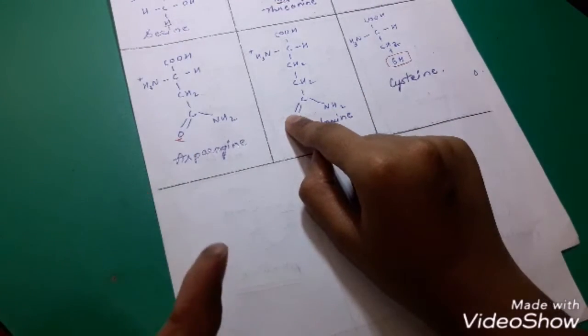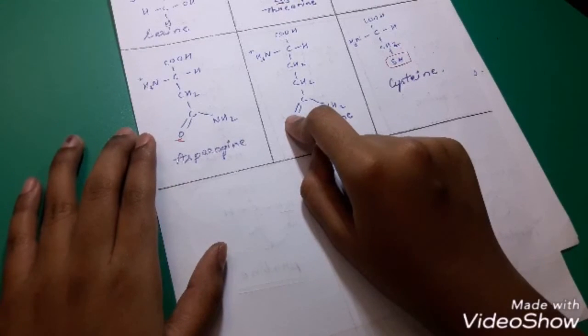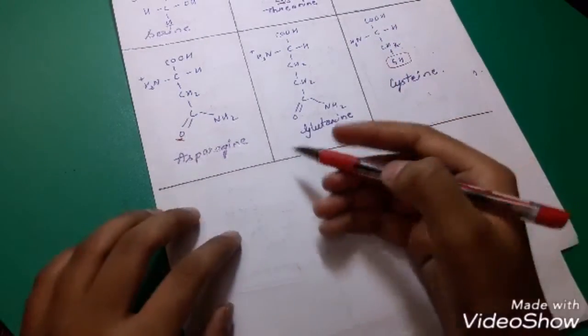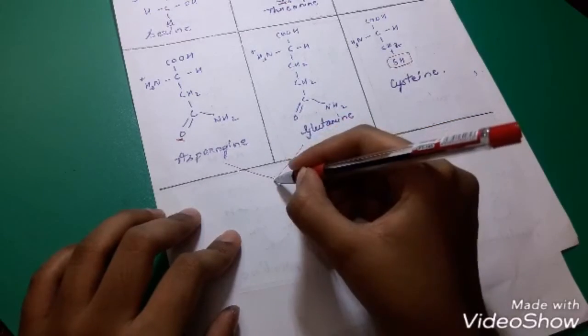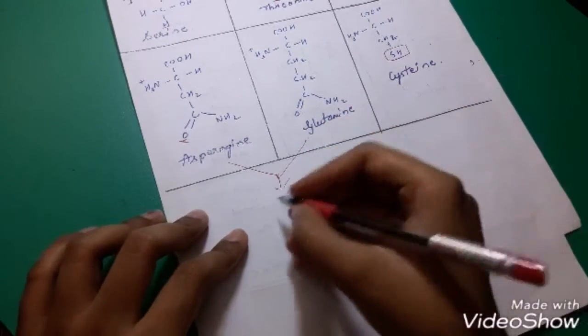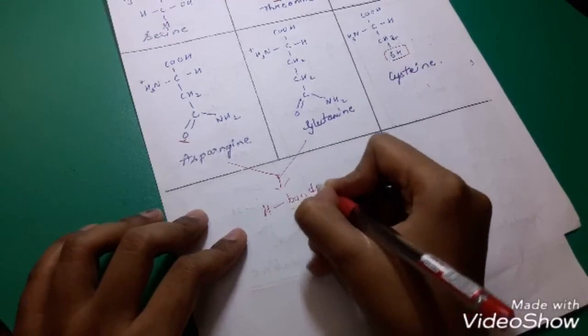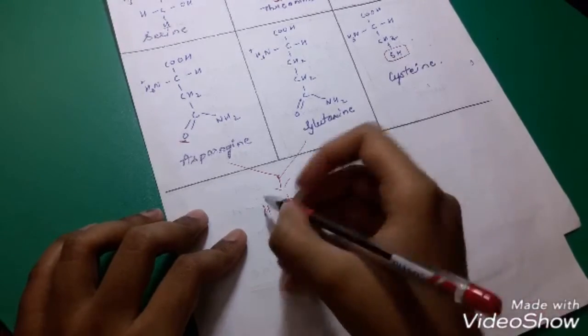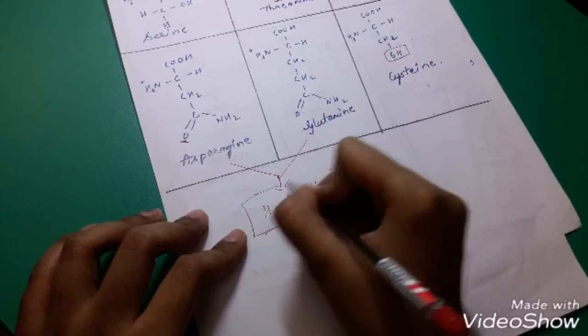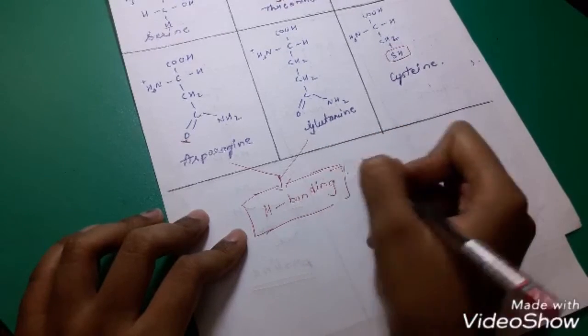So the amino acid which has the free carboxyl group is free to bond with the hydrogen. So asparagine and glutamine, these two amino acids basically perform hydrogen bonding. Okay, the free carboxyl group bonds with the hydrogen.